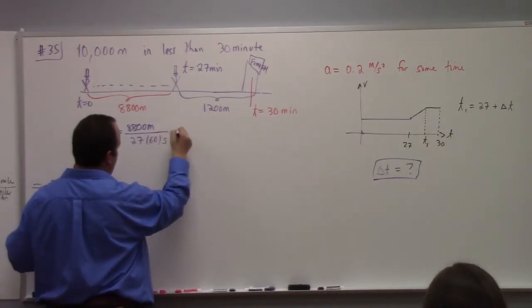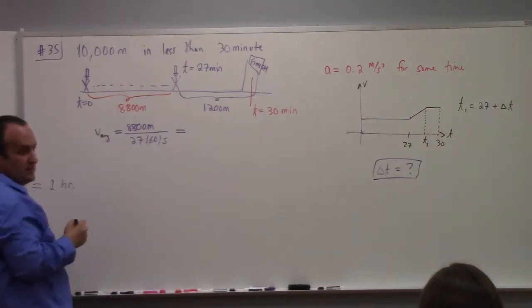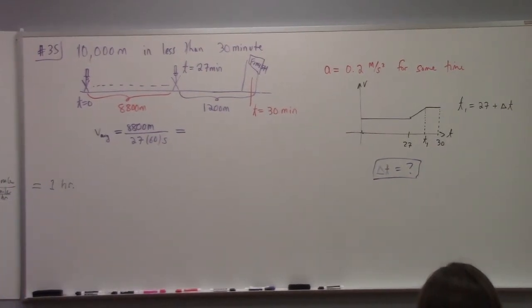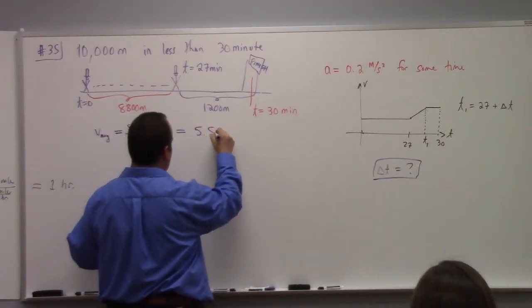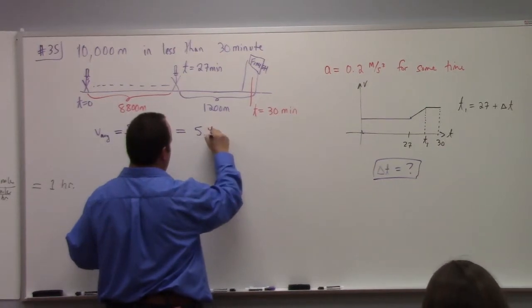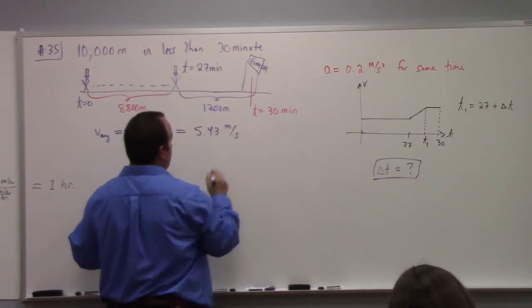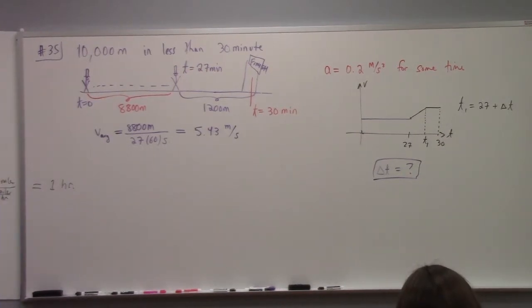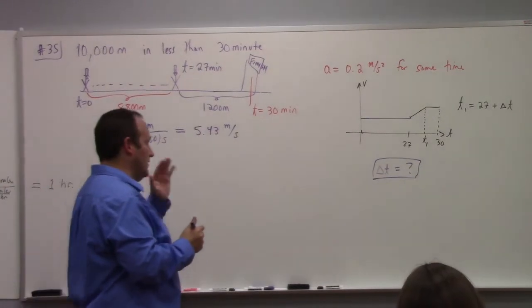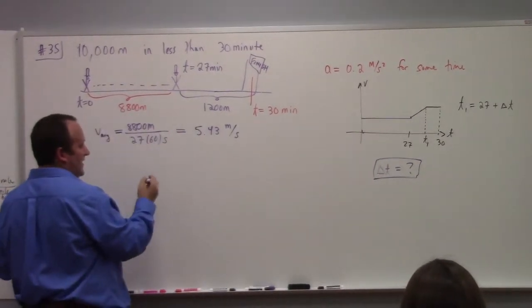So how many meters per second did you get? Oh, you said 5.5? Exactly 5.5? 5.43? All right, good enough for here. So that tells me I know the initial velocity when they start accelerating, right?